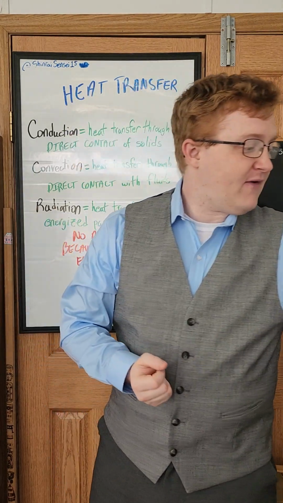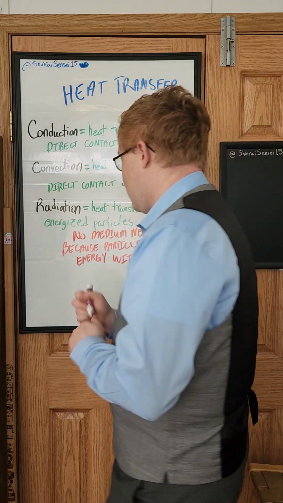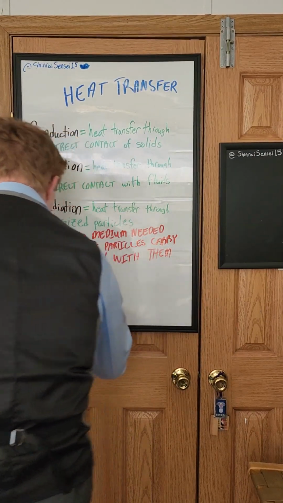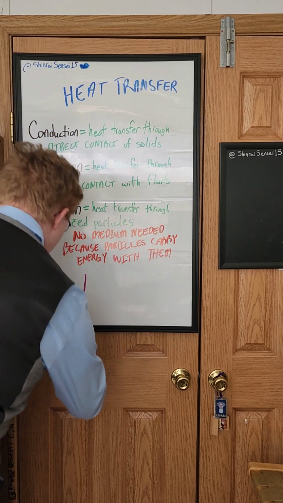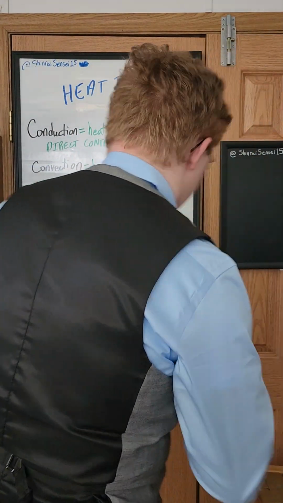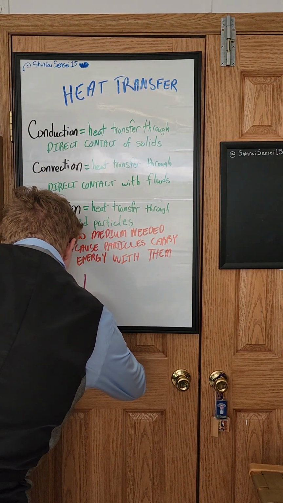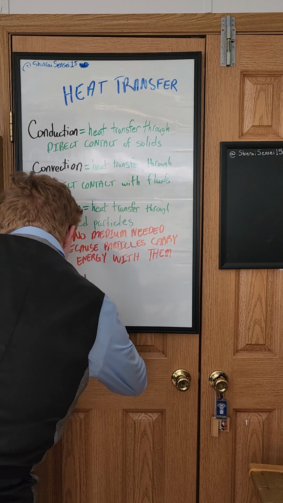So if I was to go ahead and draw on this board, let me grab a different colored marker so that it's a little easier. So if I draw on this board, let's say I have a pot and I have like a little flame right here. So we'll draw a little flame.